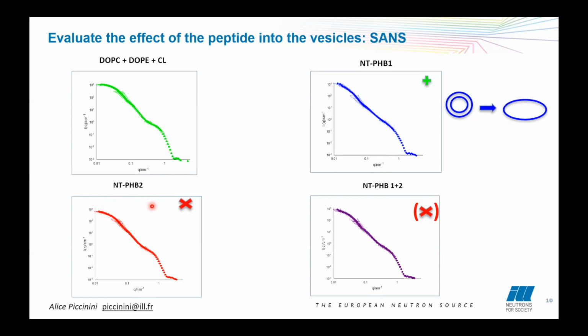Now, this is our lipid in presence of both peptides, and we can say for sure that there is no synergism, and the effect at low Q is much less than with prohibitin 1, and also the shoulder is still quite evident.